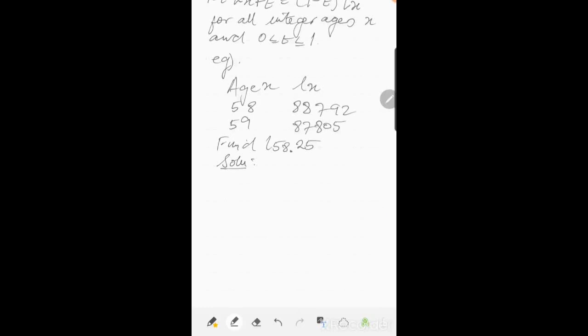How do we get that? We need to know the difference. How many deaths are there between 58 and 59? This is 88,792 minus 87,805.